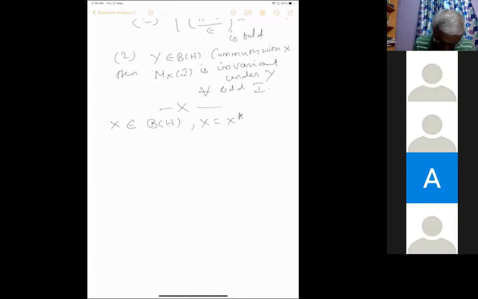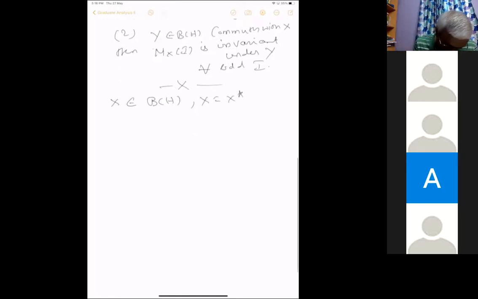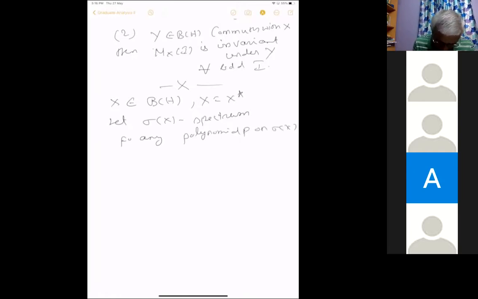Then let sigma of X be the spectrum. For any polynomial P restricted on sigma of X, we can define P of X just by substituting.